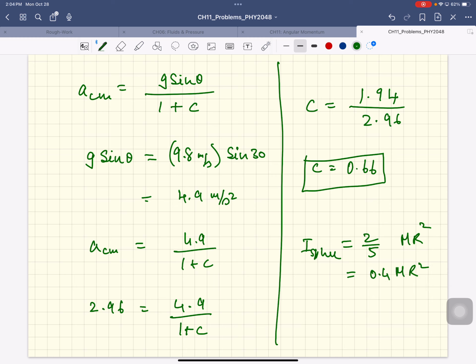For a disk, it is 0.5 m r squared. For a ring, it's 1 m r squared. So our C is 0.66. It's somewhere between a disk and a ring. So that's our object.